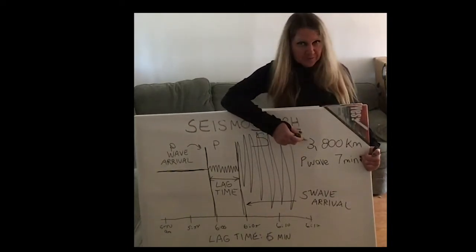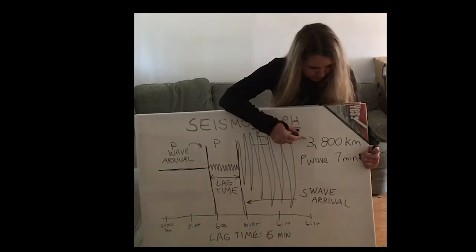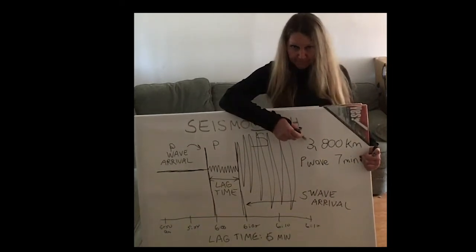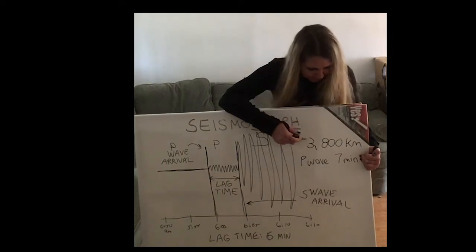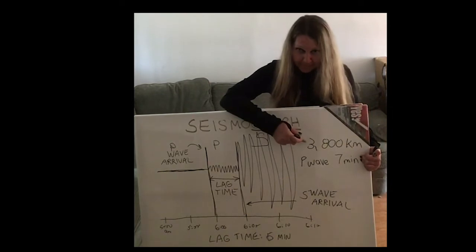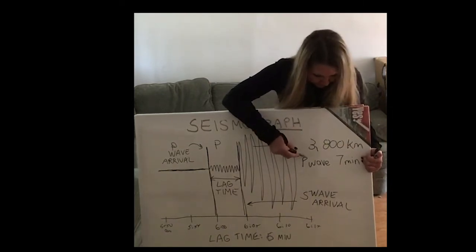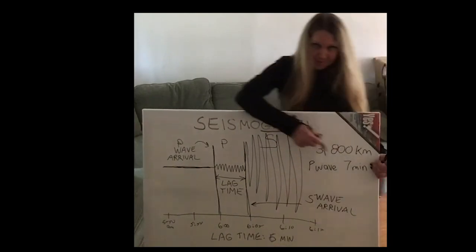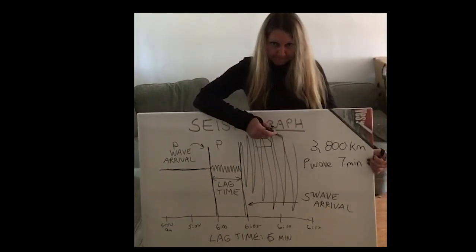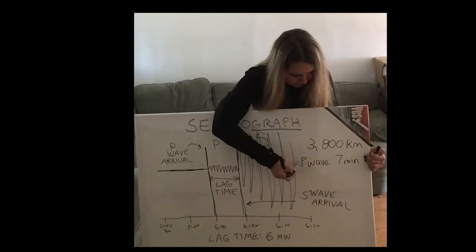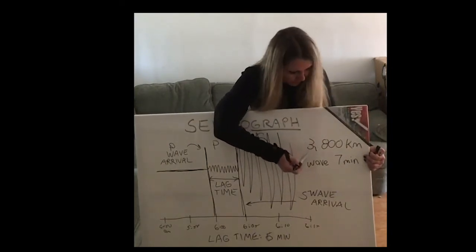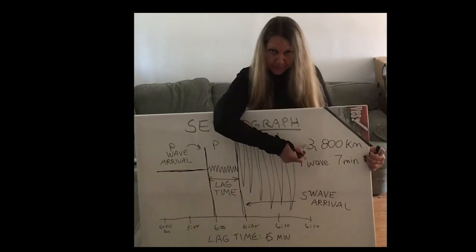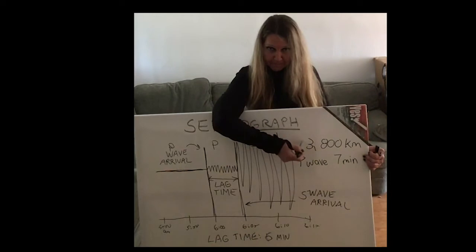So the distance to the epicenter is 3,800 kilometers. That's the distance. The P wave travel time is 7 minutes. So in other words, it takes the P wave 7 minutes to go 3,800 kilometers.